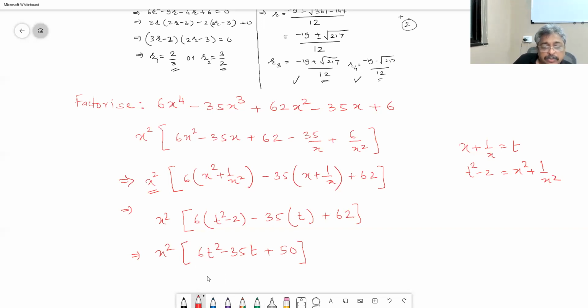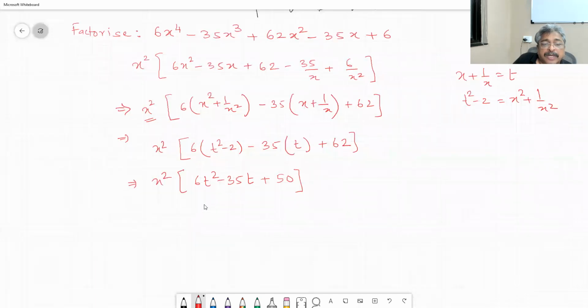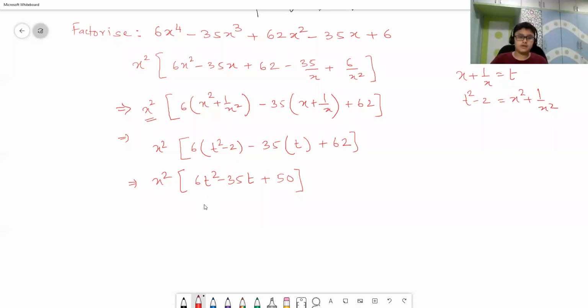Okay, so what are the factors? 50 into 6, 25 into 12. What are the factors? 20 and 15.